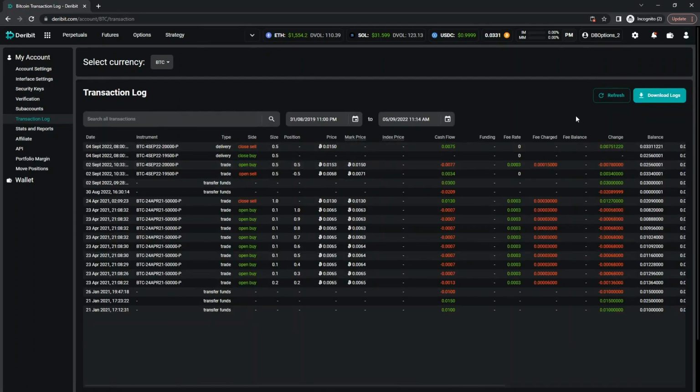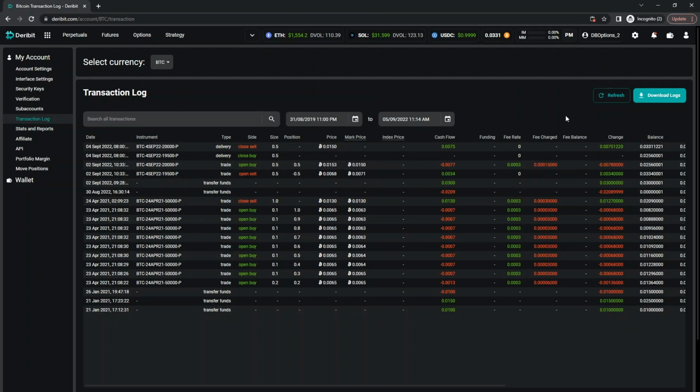As in the previous examples, the 19,500 put is worthless at expiry, so there is no further adjustment needed for this option. However, our 20,000 put expired in the money, so we receive a credit equal to its value at expiry. This put expired in the money by $296.04.